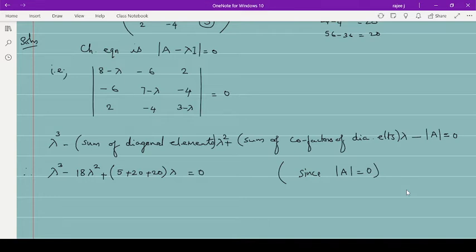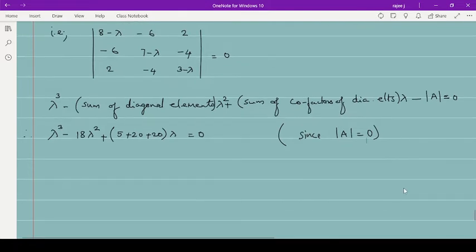So the determinant of A value we are getting is 0. See how easy it is: lambda cube minus 18 lambda square plus 45 lambda equal to 0.